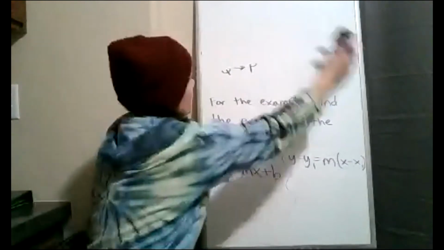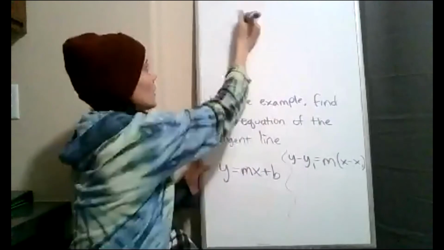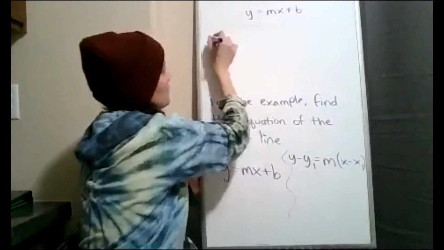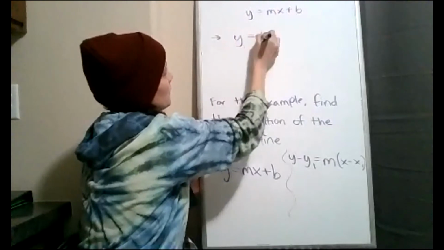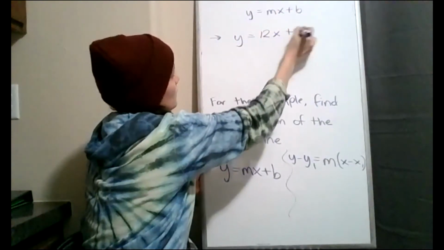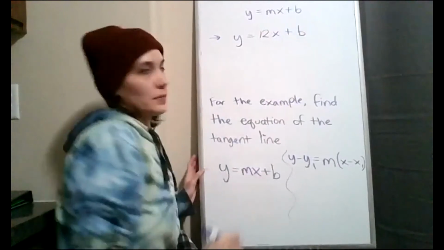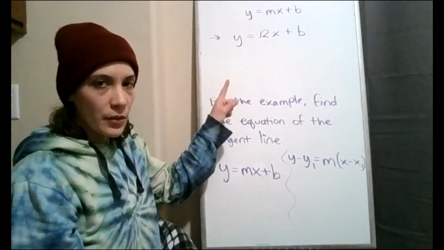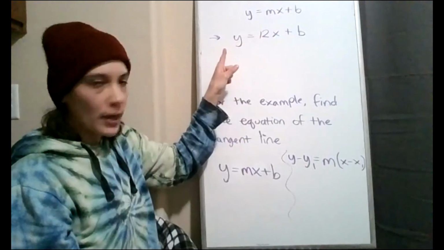Okay, so slope is 12, and you're going to put in the point 2, 8, 2 for x, 8 for y.